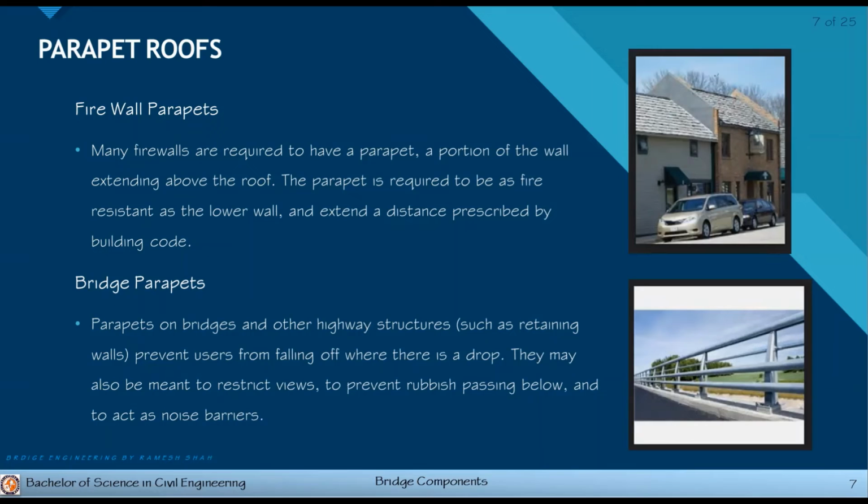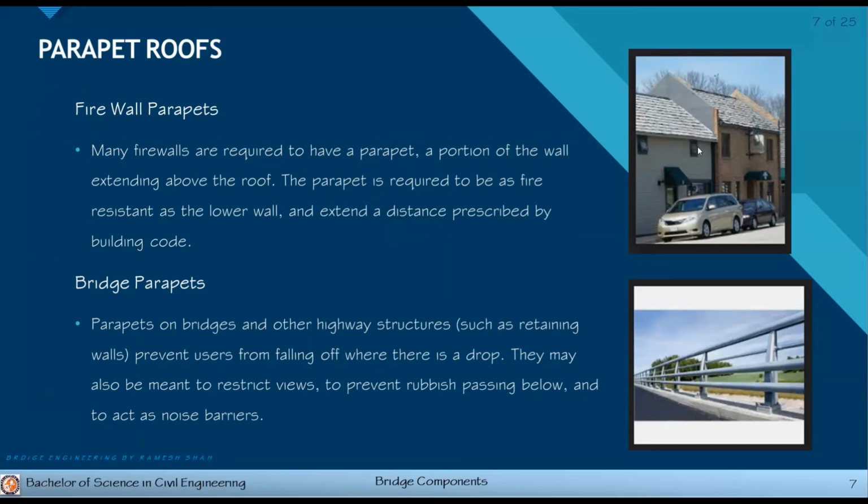The parapet is required to be as fire resistant as the lower wall and extend a distance prescribed by the building code. So from the word itself, firewall parapet, it concerns or para siya sa fire resistant. As you can see naman in the picture, in between siya sa dalawang houses as a fire resistant.